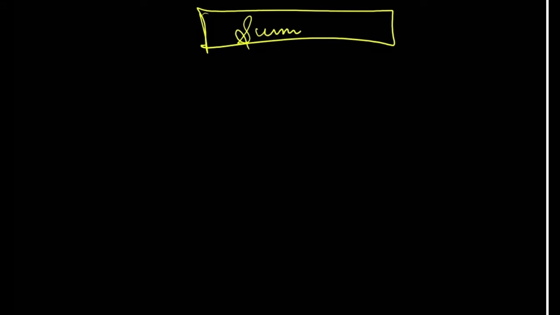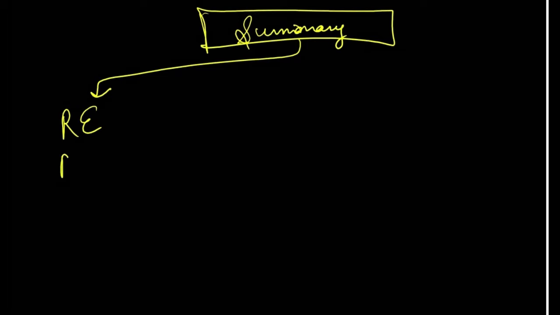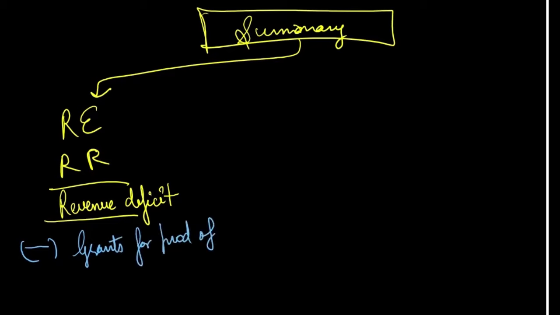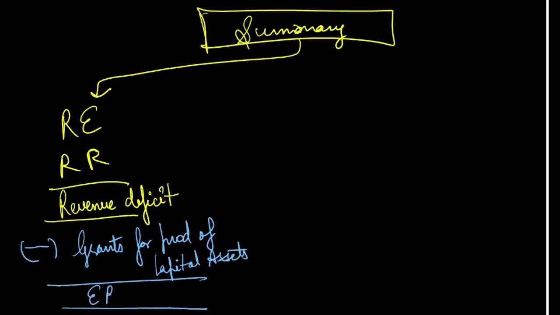If we chart out the summary of deficits, if we reduce revenue receipts from the expenditure, then revenue deficit will come up. If we further reduce grants for the creation of capital assets, then it will show effective revenue deficit.